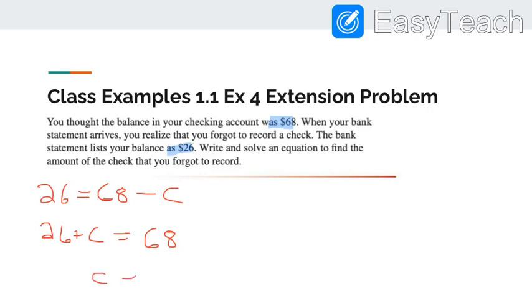So C equals 68 minus 26. Some of you may have actually set up the problem this way, and that's a-okay. I'm just trying to show you a way how the book did it. 68 minus 26 would be 42. Meaning the amount of the check that we have would be a $42 check.